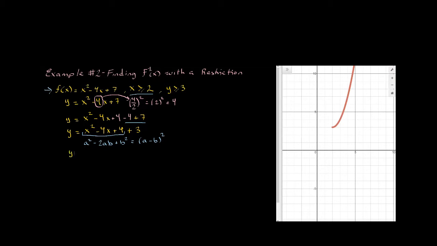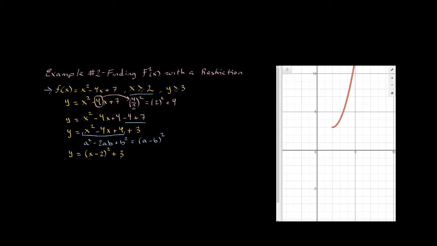I'm going to write it right here: x minus 2 squared plus 3. Now up to here, I just completed the square. This is just an intermediate step. I'm going to have to continue because my goal here is to find a solution for x. So I'm going to continue with that. I'm going to isolate x.